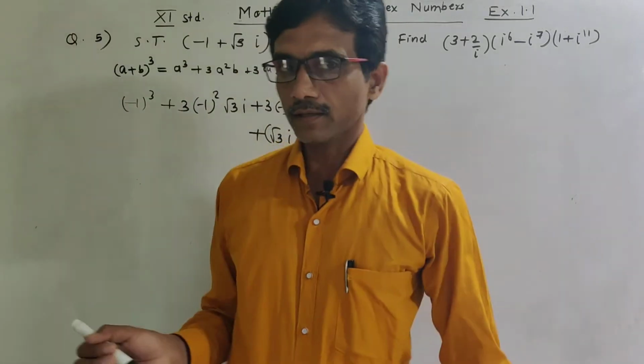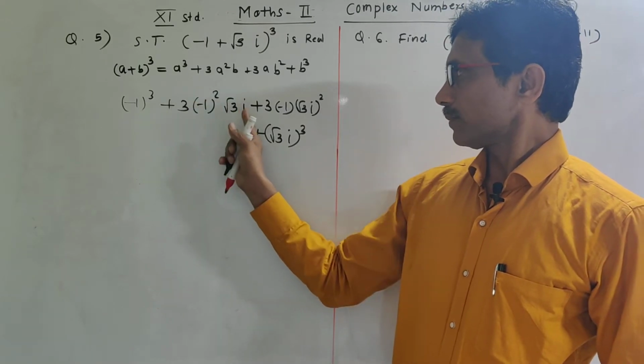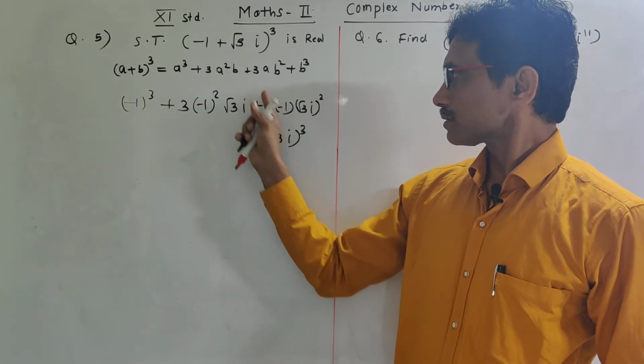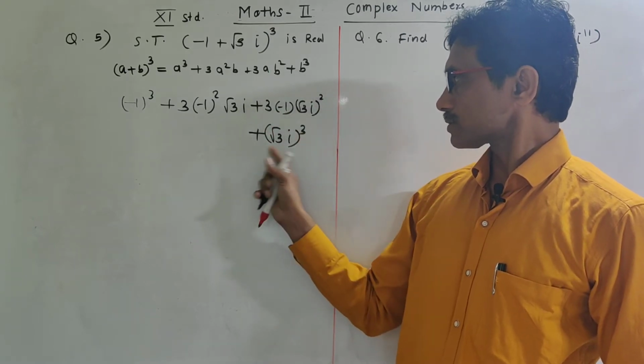So what we did here: a cube plus 3a square b plus 3ab square and plus b cube.